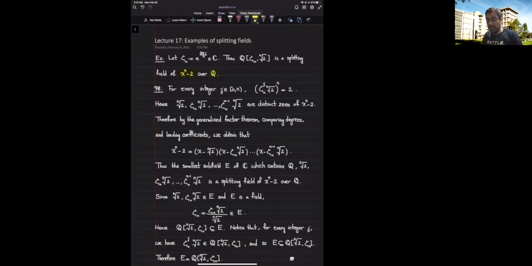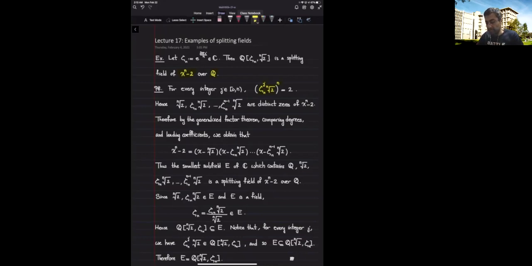So for x to the n minus 2, we want to understand its linear factors over complex numbers. Again, we notice that when I take zeta sub n raised to power j, multiplied by the nth root of 2, and raise the entire thing to power n, then the zeta sub n part will be 1.